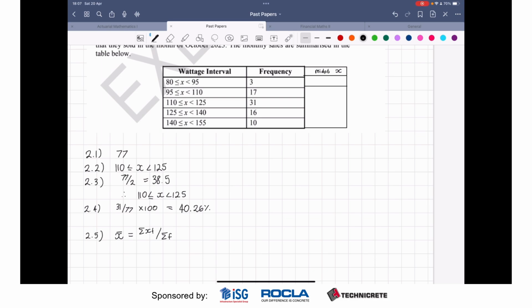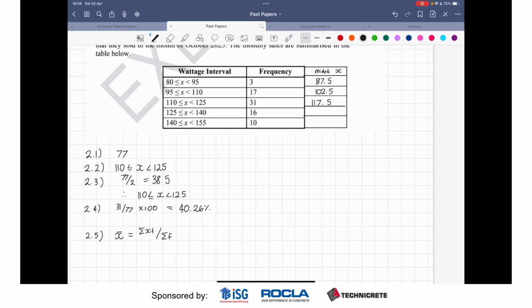So for the first one, I have 87.5. So that's 80 plus 95 divided by 2. For the second, I have 95 plus 110 divided by 2, which is 102.5. And then for the next one, I've got 110 plus 125 divided by 2, 117.5.